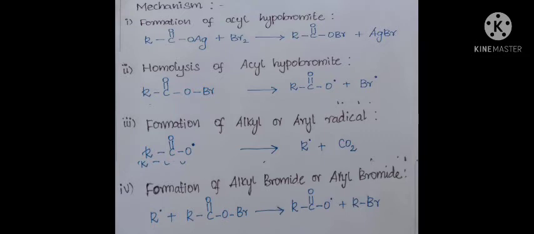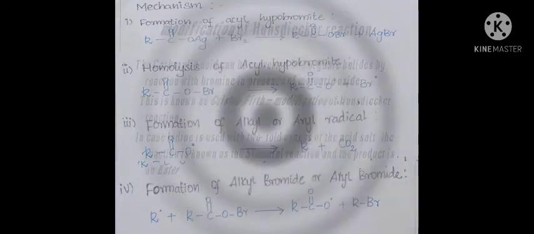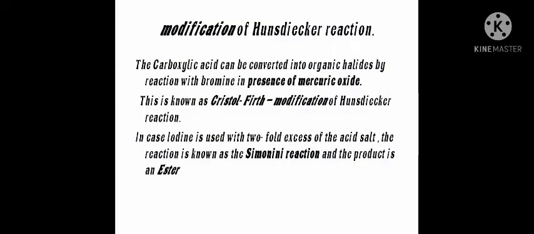In the fourth step, that radical reacts with the bromine compound, forming the alkyl halide. So these are the mechanism steps involved in the Hunsdiecker or Hunsdiecker-Borodin reaction.